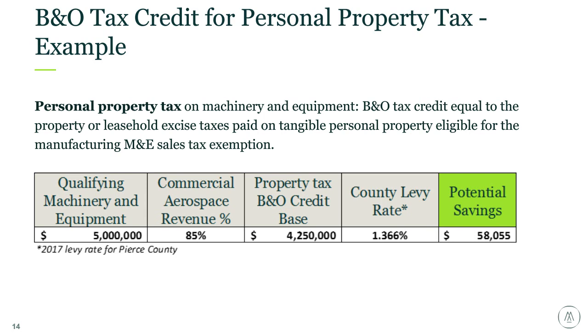Pierce County has one of the higher property tax levy rates in the state, and the potential savings would be about $58,000. And so for a lot of aerospace companies, because they're paying B&O tax under one of those preferential rates, that credit of $58,000 does offset sometimes a high percentage of the B&O tax liability.